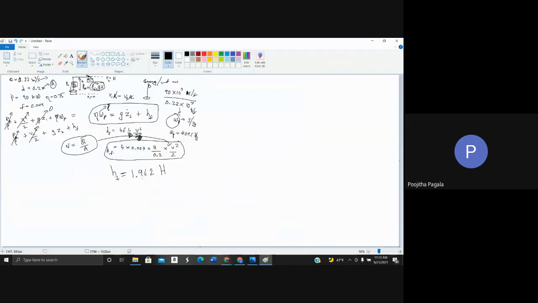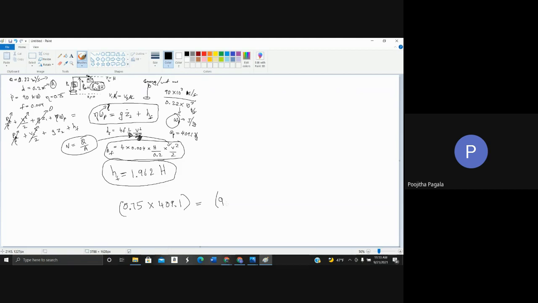Okay. In case this is correct, then the height is going to be: 0.75 eta WP, 0.75 into 409.1, should be equal to GZ.